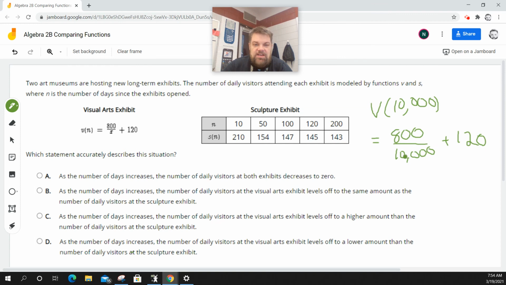If I plug this in a calculator, it's going to be 0.0004 or something like that. So as this number increases, this gets closer to 0, right? But they're always going to have 120. So that one is not true.